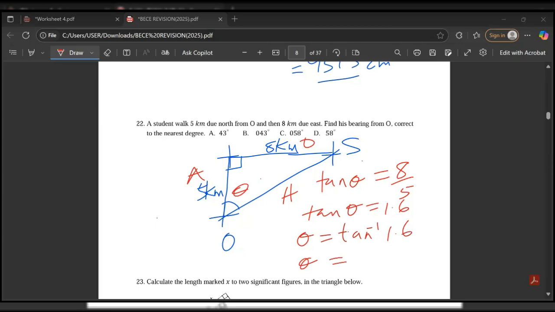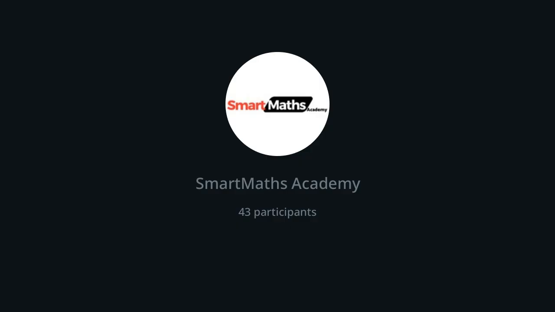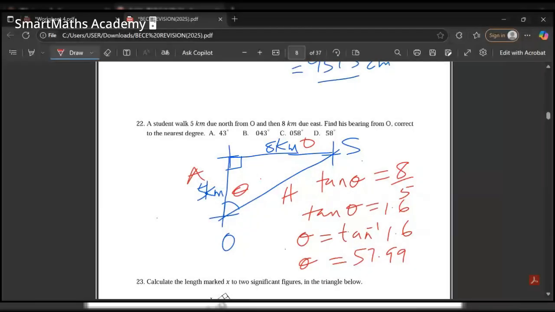Just press shift, and sometimes you have a second function. When you press the second function and type the number, you get your answer, 57.99. Approximately to the nearest degree, that gives us 58 degrees, which is the last option here.